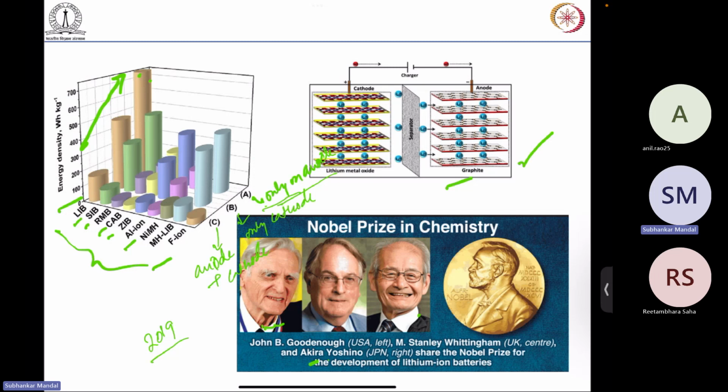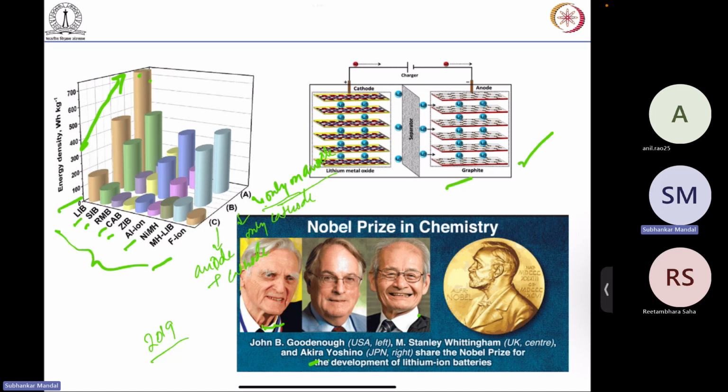These three persons basically developed the lithium-ion battery, and for their contribution to energy storage they got the Nobel Prize in 2019.